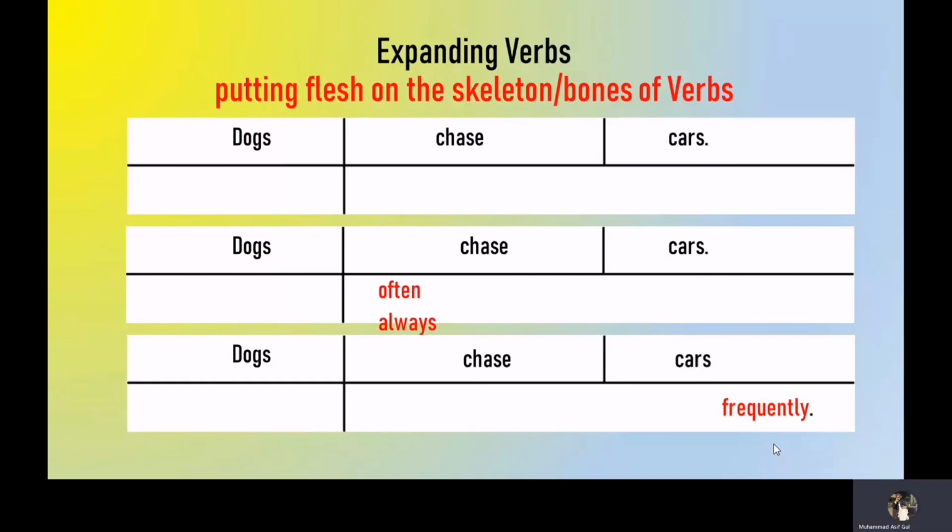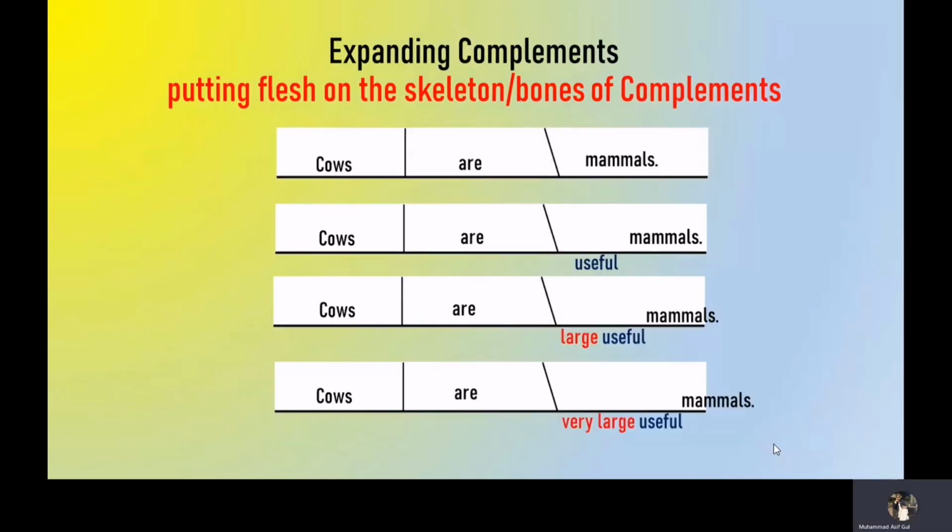Okay, we will now be talking about the third pattern, the third formula, where we have linking verbs and a subject complement. Here we will be learning how we can expand the subject complement. We have a simple sentence, cows are mammals.